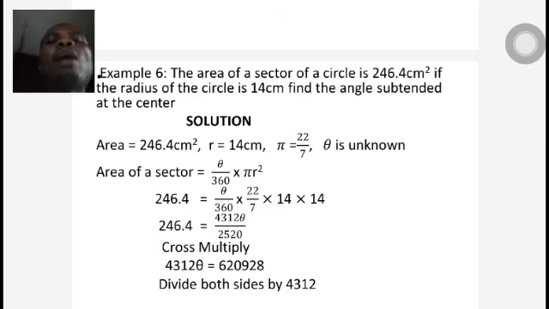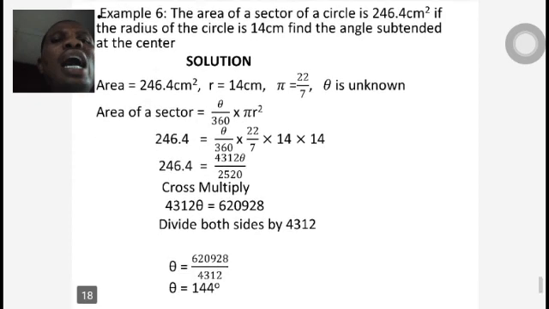So you are still going to apply the same formula. Area of a sector is equal to theta over 360 times pi r squared. Now you are given the area, which is 246.4, you put it there, is equal to, you are not given theta, so you put your theta over 360 times the value for pi 22/7 times radius 14 times radius again 14 because it's r squared.